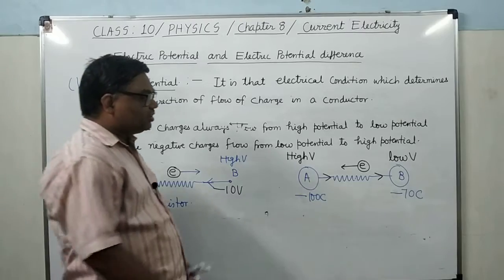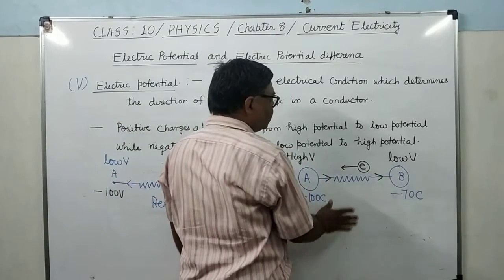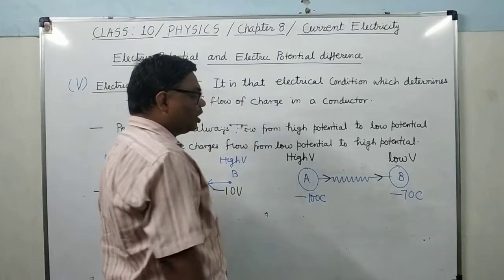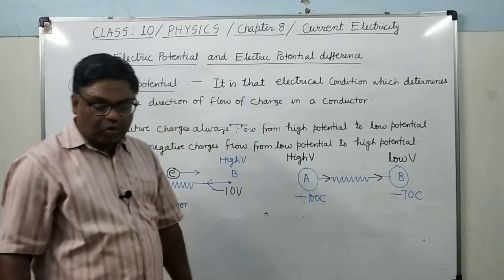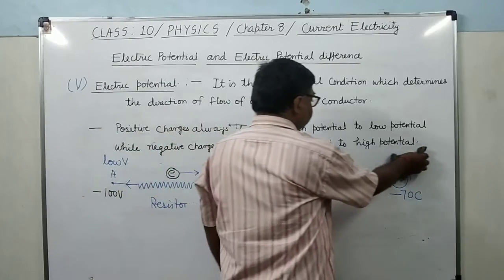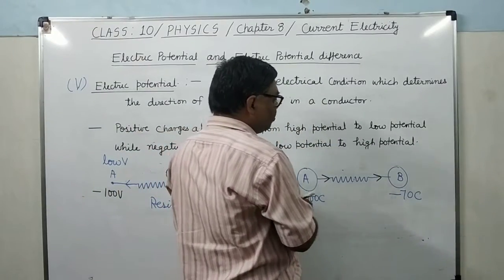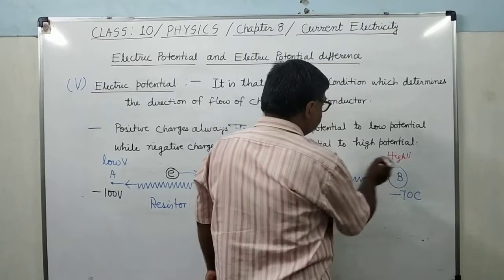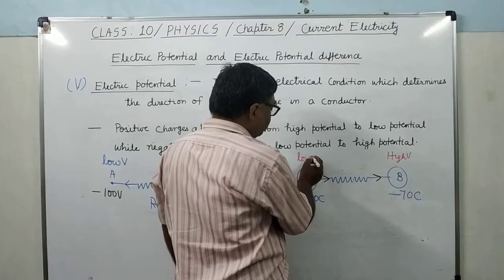Which one has less negative charge? Minus 70 coulomb is less negative, and the other is more negative. So this will be at high potential and this will be at low potential.